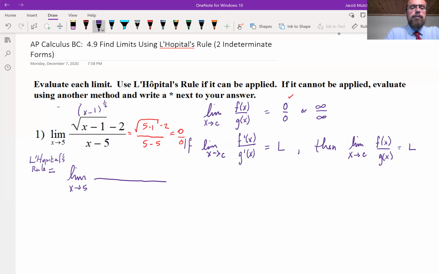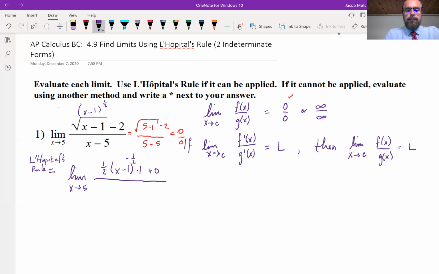So as I take the derivative, that's going to be the power 1/2 as a coefficient times x minus 1. We'll treat this as a composed function there using the chain rule. And then I'll do 1/2 minus 1, which would be negative 1/2 for the new power. And then I multiply by the derivative of this x minus 1, which is just 1. And then the derivative of minus 2 would be plus 0.